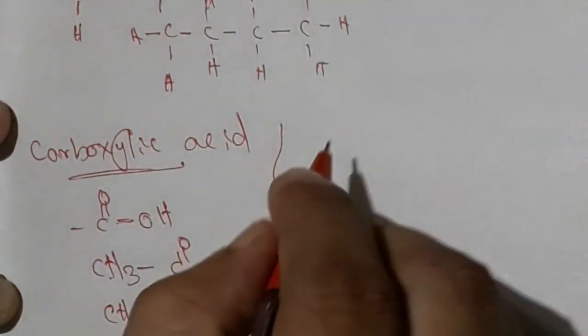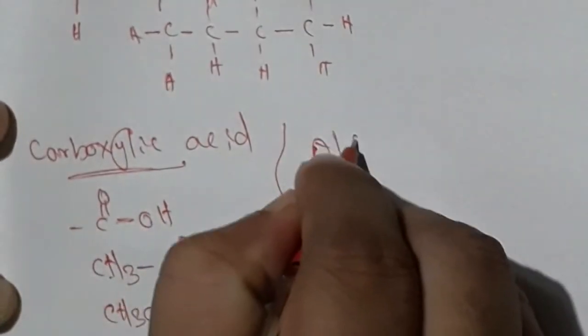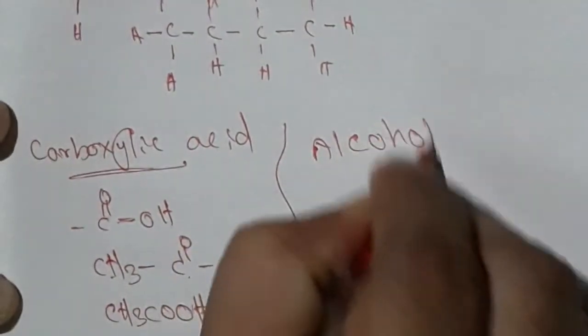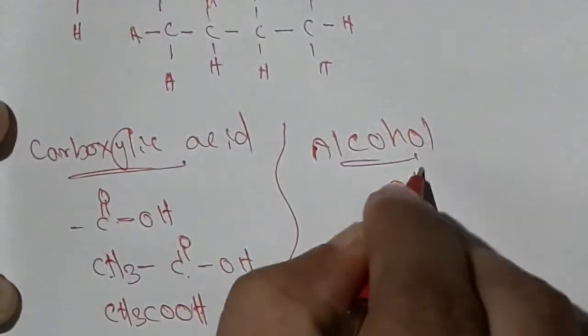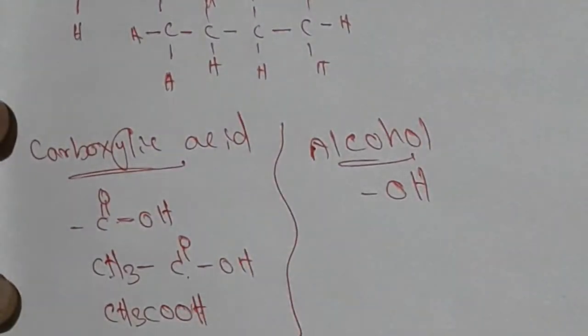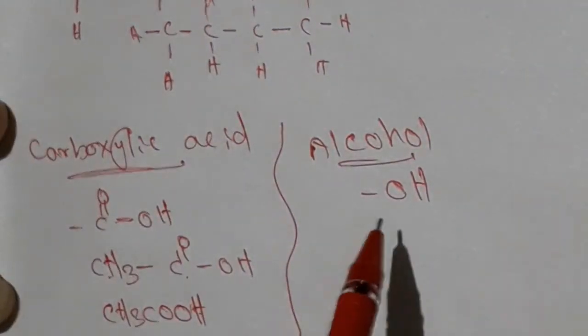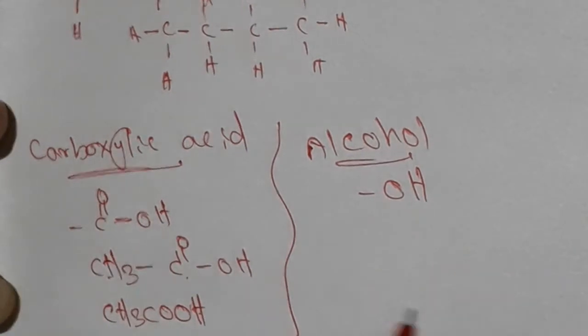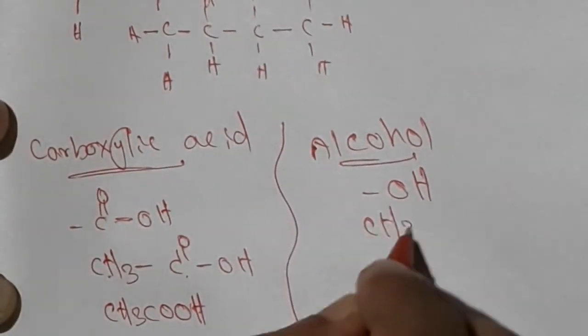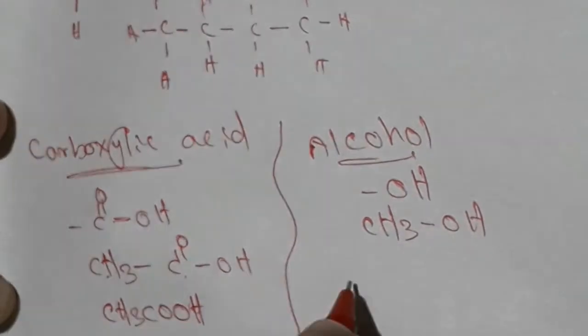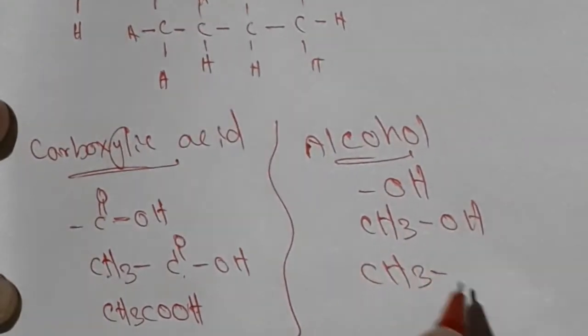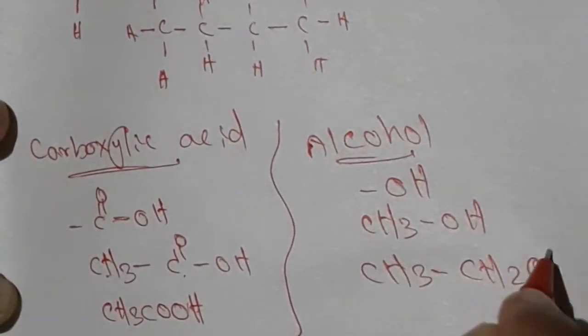Another one, alcohol. Alcohol functional group is OH. The compound which contains OH functional group, that is alcohol. For example, CH3OH. Another example, CH3CH2OH.